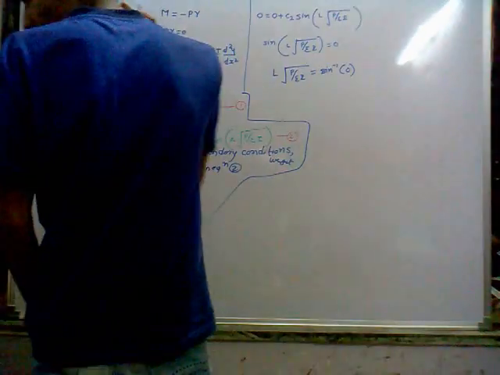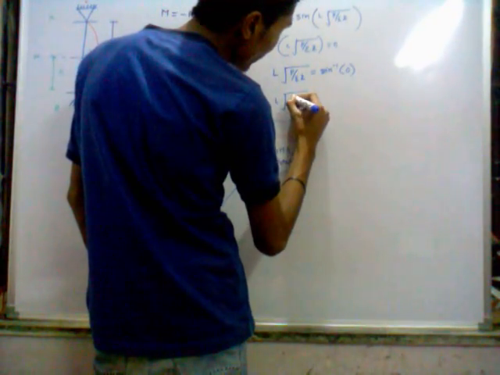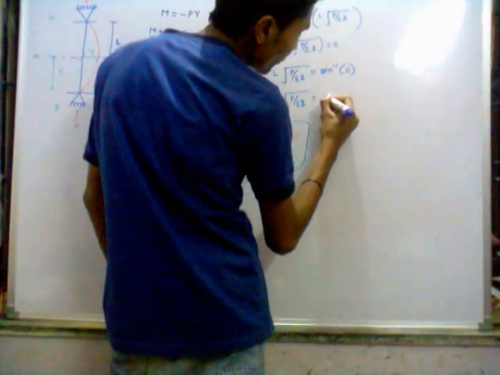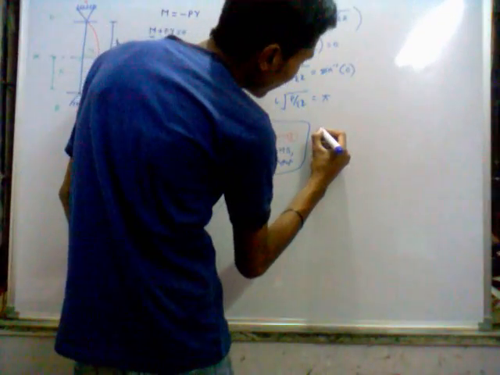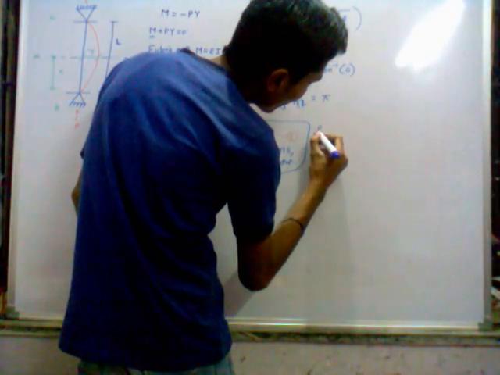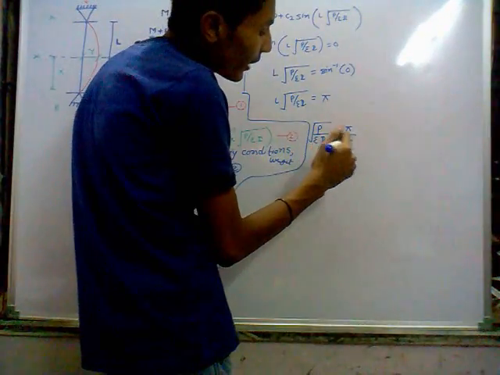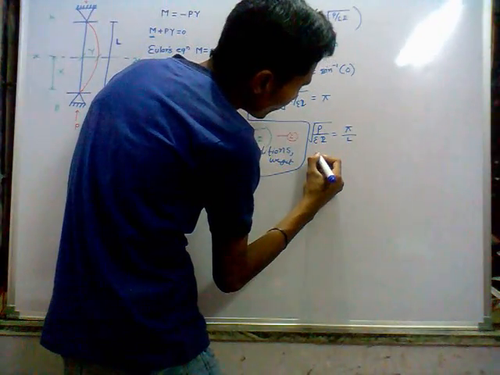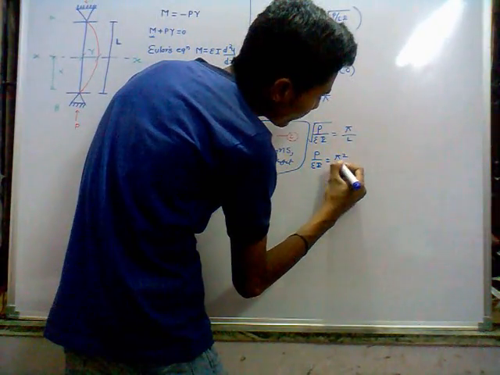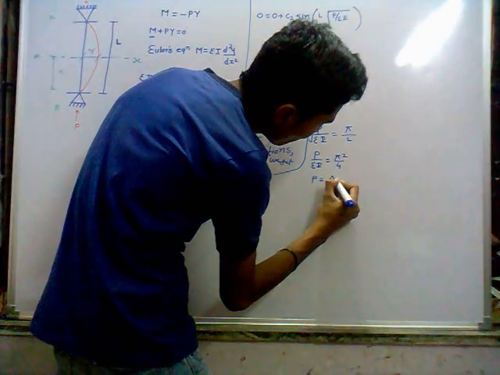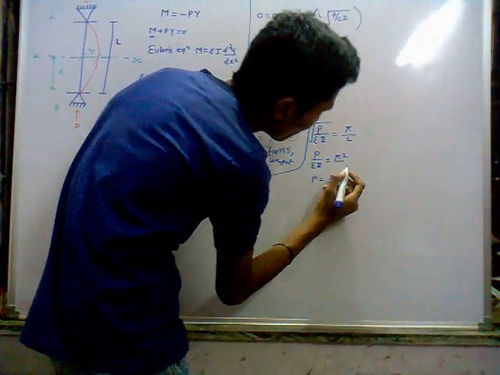What is the value of sine inverse of 0? It is pi. So L under root of P upon EI equals pi. Moving L to the other side, under root of P upon EI equals pi upon L. Taking the square on both sides, P upon EI equals pi square upon L square.